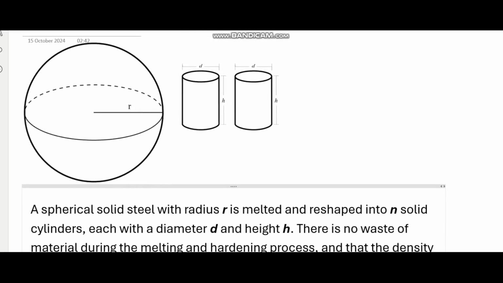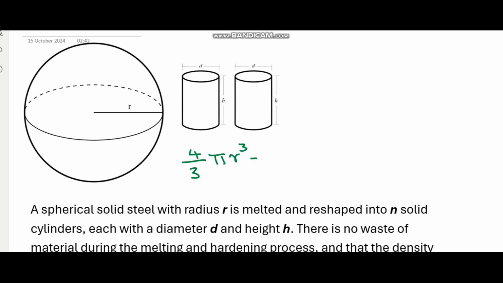Okay, so first of all, let's find the volume of the spherical solid steel. We are given that r is 4.5. The volume of a sphere is given by 4 over 3 pi r cubed.